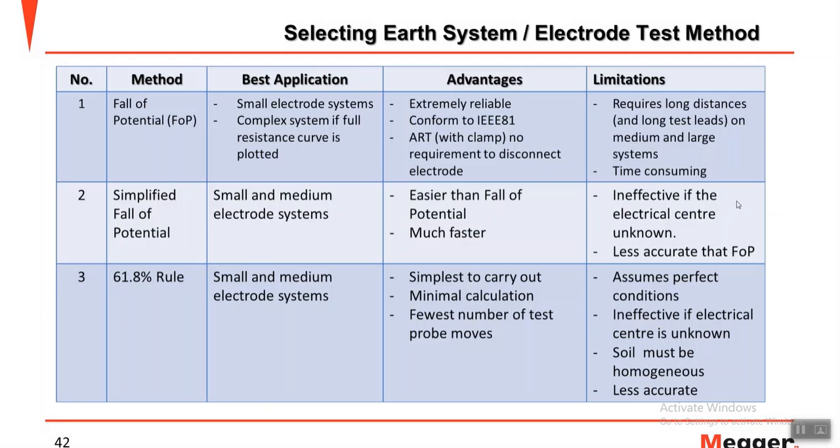Yeah, that is all the methods that I explained, and this is the chart to see the best application, advantage, and limitation. So from this table, you can verify which method gives you precise grounding testing. As we know, fall of potential is the best one for this measurement.